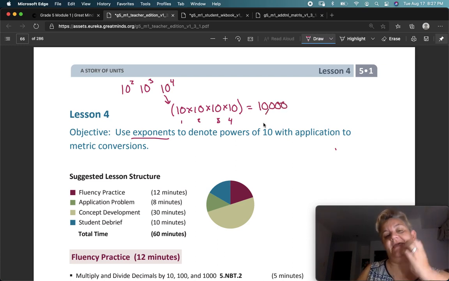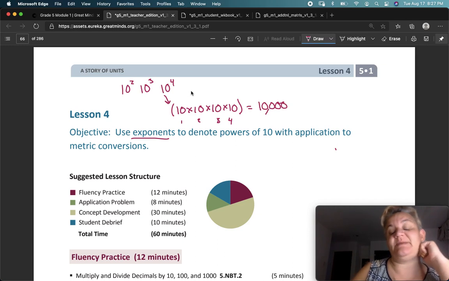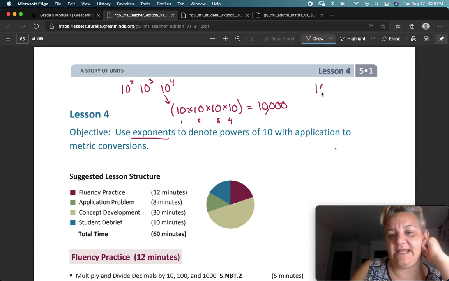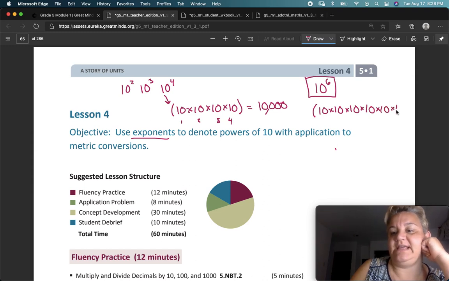10,000, okay? So this has a lot of uses, especially if we're using big, giant numbers, okay? Let me give you another example. Let's say 10 to the 6th, right? It's a lot faster to say 10 to the power of 6 than it is to say 10 times 10 times 10 times 10 times 10 times 10.